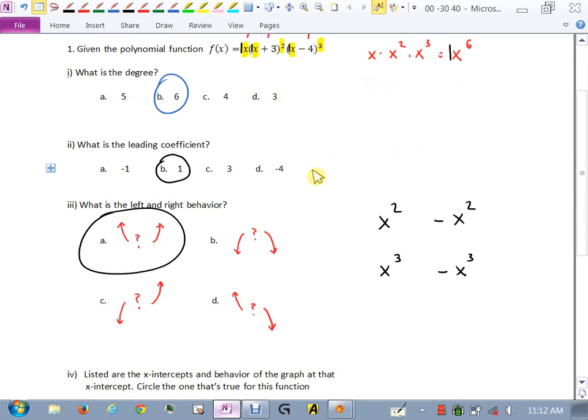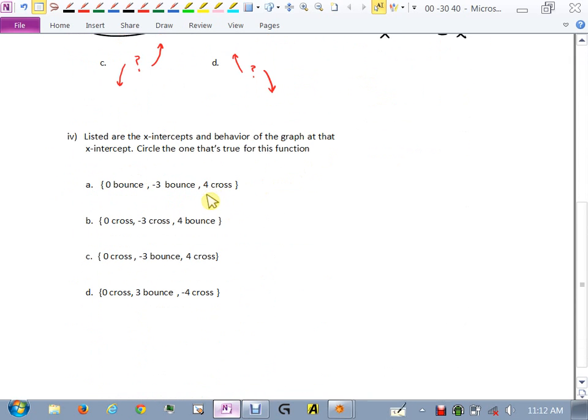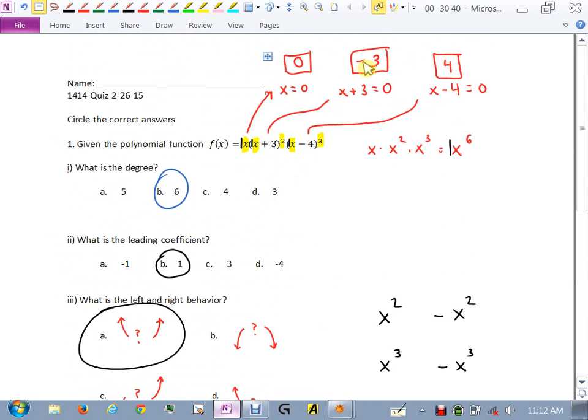So which one of these is it? At 0 you cross because 0 is to the odd power. At negative 3 you bounce because it's to the second power. Positive 4, right, to an odd power.